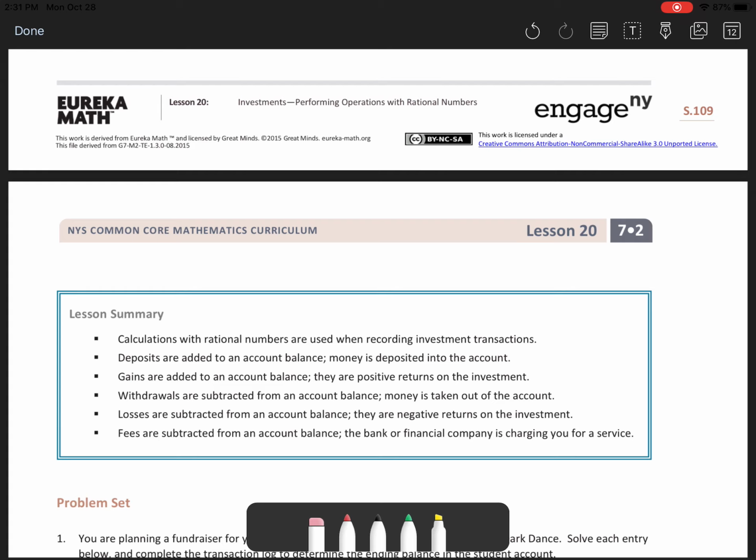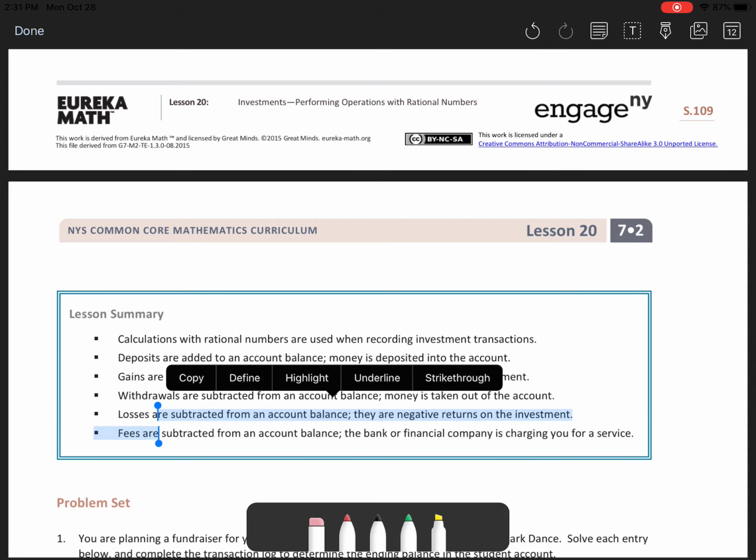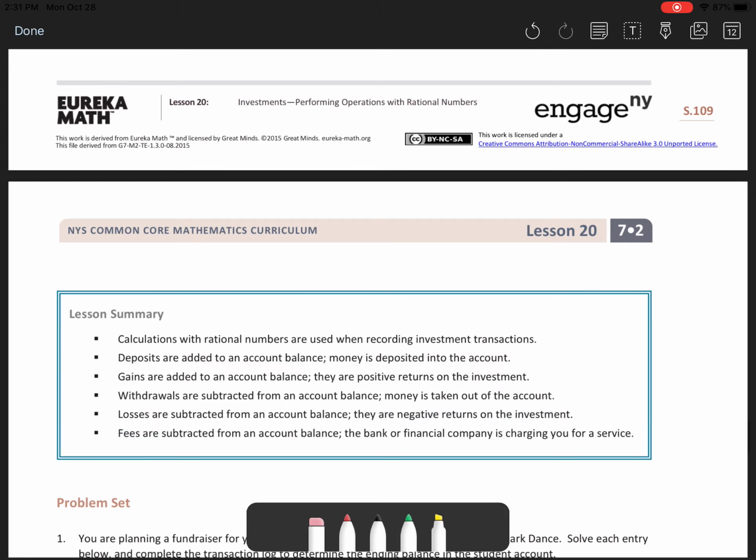Gains are added to the account balance. They are positive returns on investment. Withdrawals are subtracted from the account balance. Money is taken out of the account. Losses are subtracted from the account balance, and they are negative returns on the investment. And fees are subtracted from the account balance. The bank or financial company is in charge for your service.